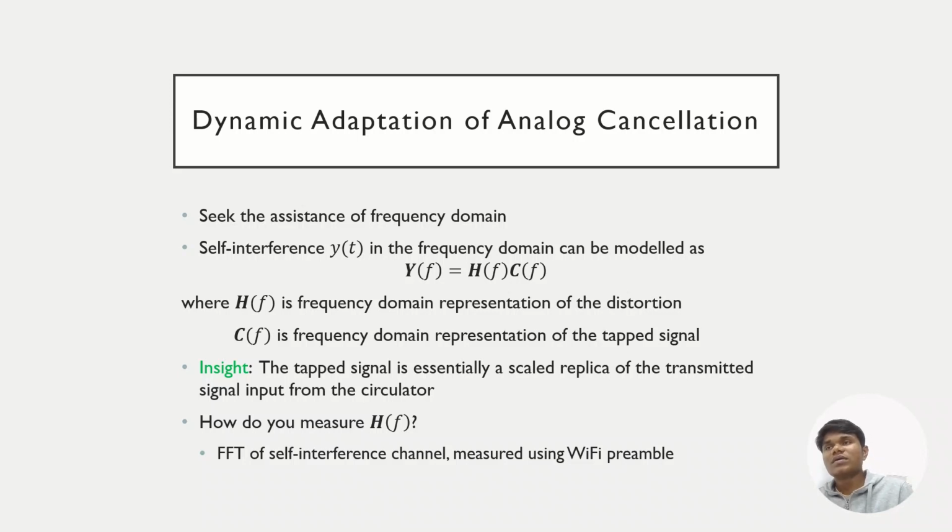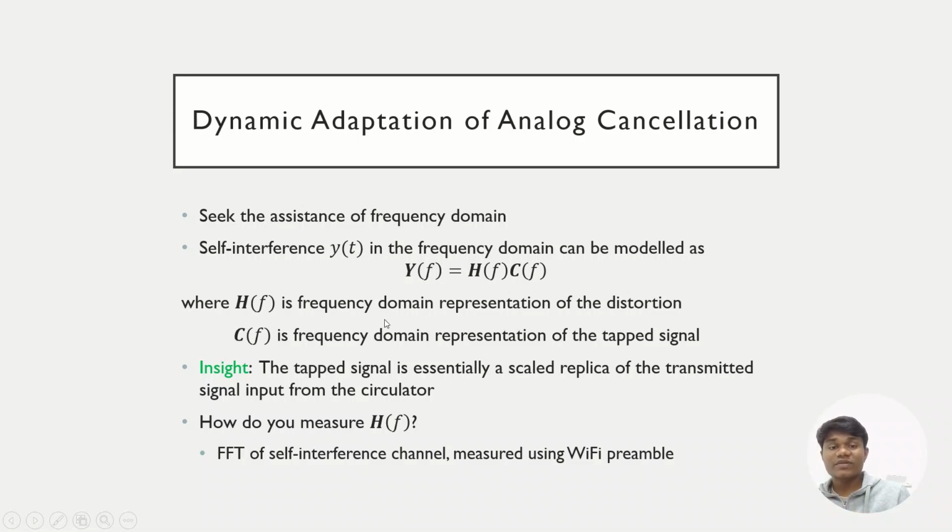So now that gradient descent directly is out of the picture, we seek assistance of the frequency domain. Here, we model the self-interference y of t in the frequency domain with the following expression. We write Y of f is equal to H of f times C of f. C of f is the frequency domain representation of the tapped signal. I just stated that.